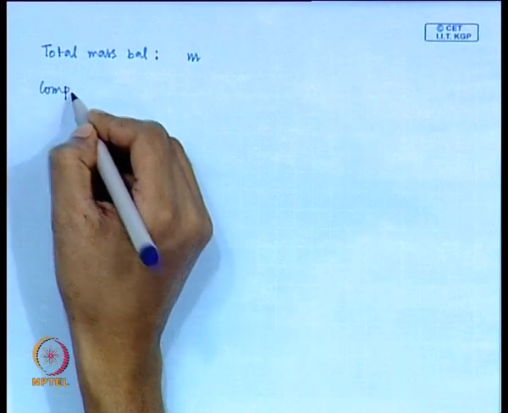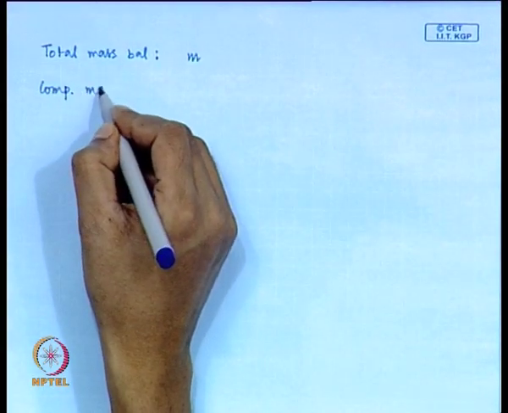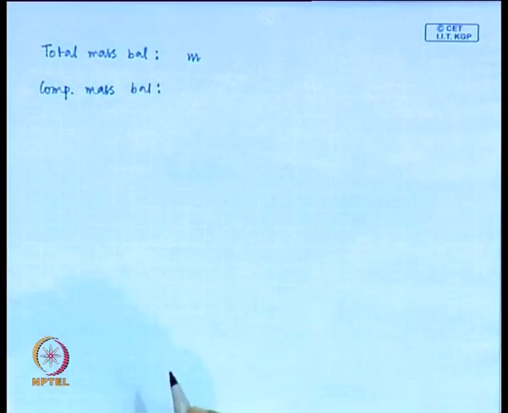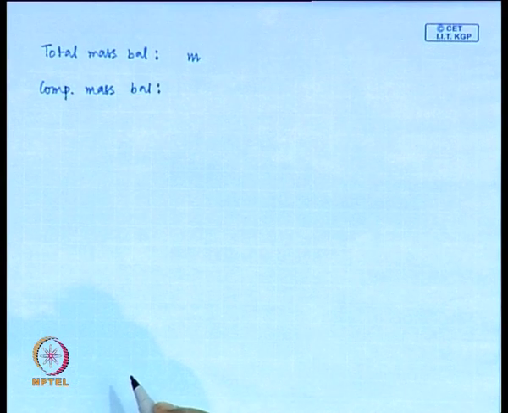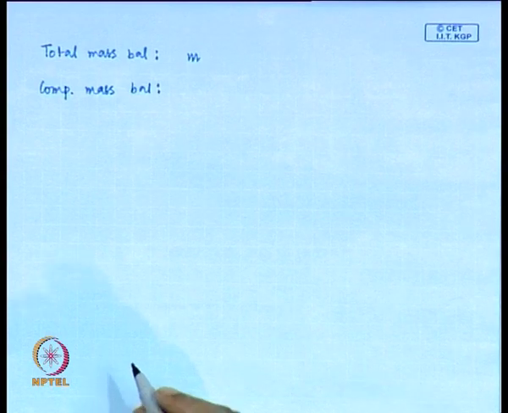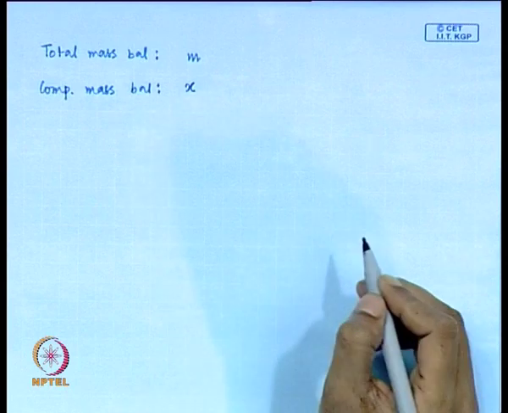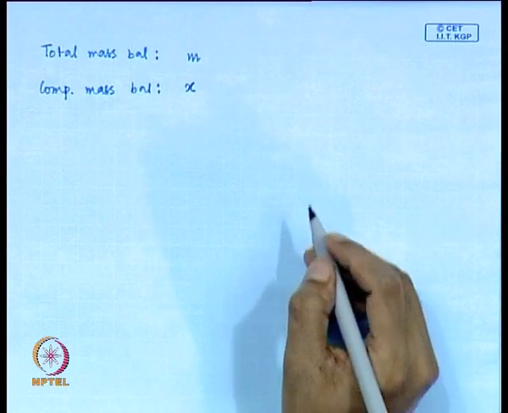Another type of modeling equations are based on component mass balance. These component mass balance equations are also ordinary differential equations. By solving the component mass balance equations, we can get liquid phase composition.